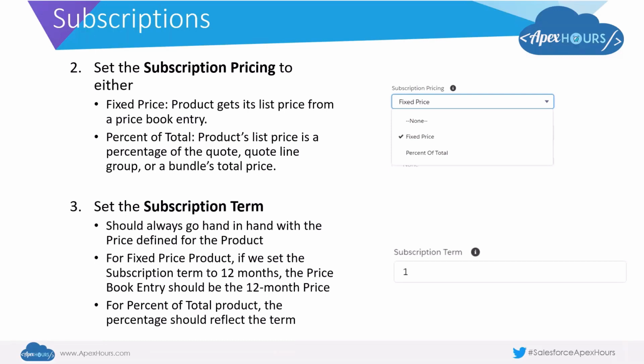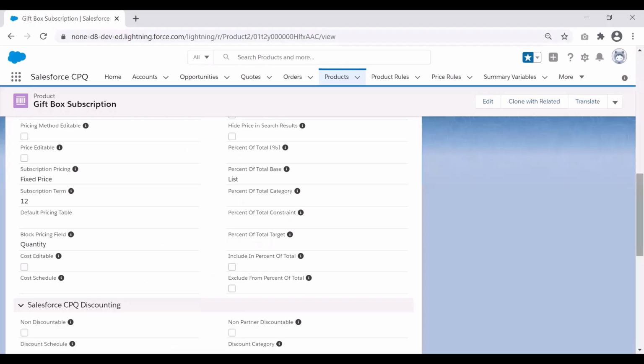The third thing to set is the subscription term. This should always go hand in hand with the price defined for the product. For a fixed price product, if we set the subscription term to 12 months, the price book entry should be the 12 months price. For percent of total products, the percentage should reflect the term.